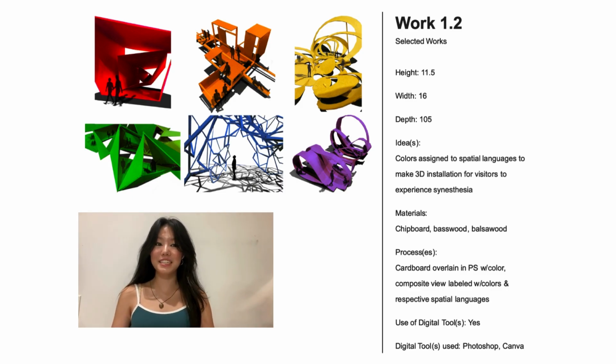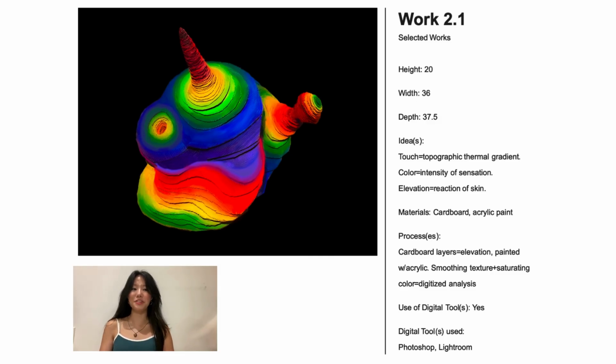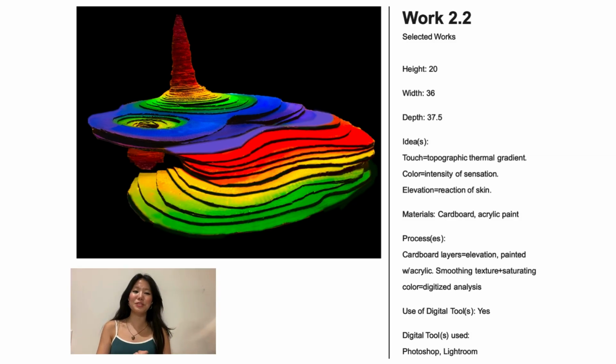And my second selected work, I decided to go with the topography of touch, because this is a different translation. This is from touch to color and shape. And I also think I was really able to let my digital editing skills shine through with this one. And this also feels like a strong translation, because I referenced that I was inspired by typographic thermogradients in the ideas section.